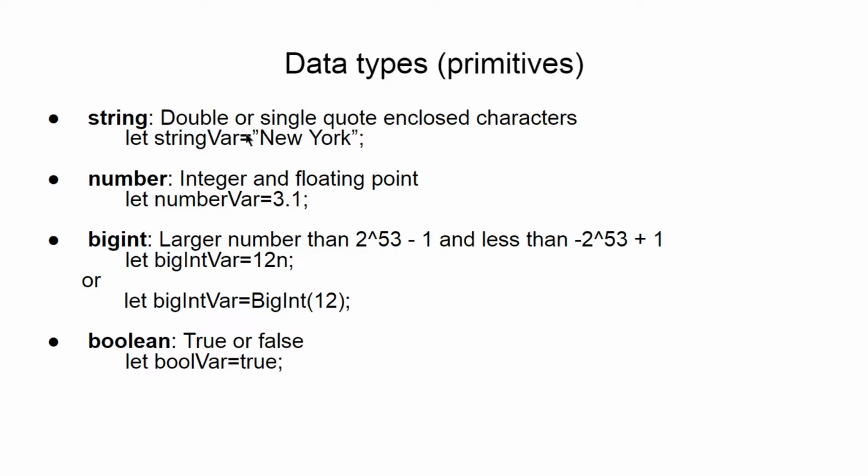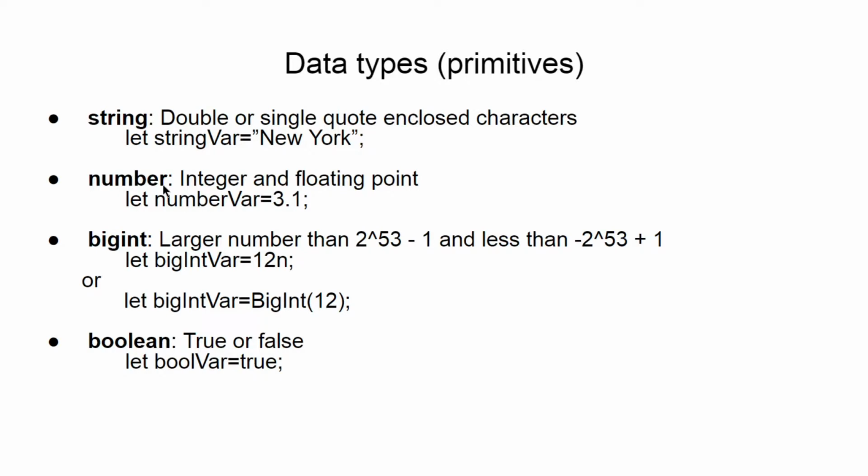The next element is the assignment operator, and the last element is the sequence of characters enclosed by the double quote. It can be a single quote, but in this example I used the double quote.